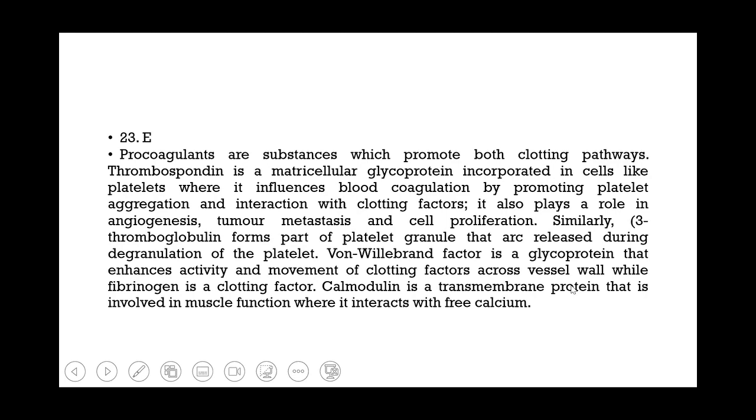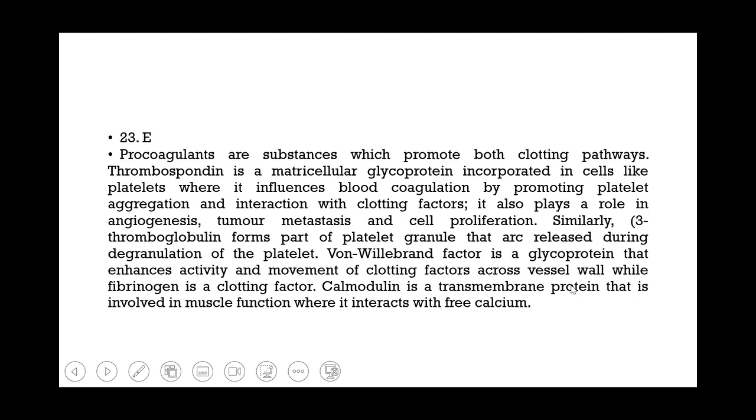Thrombospondin is a matricellular glycoprotein incorporated in cells like platelets, where it influences blood coagulation by promoting platelet aggregation and interaction with clotting factors. It also plays a role in angiogenesis, tumor metastasis, and cell proliferation.